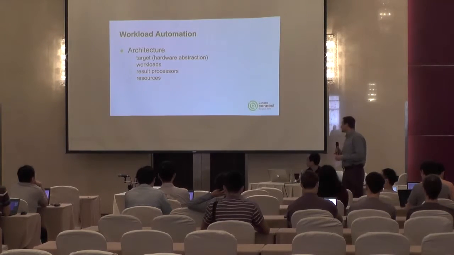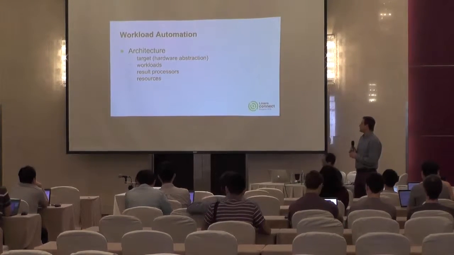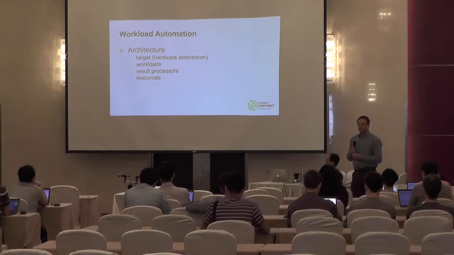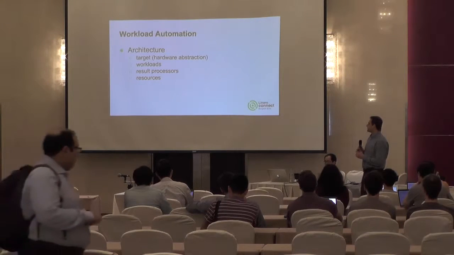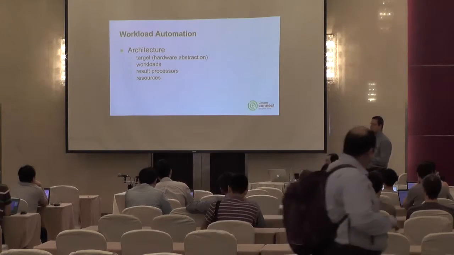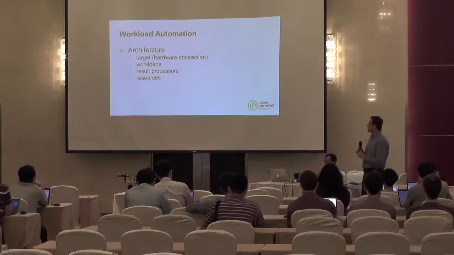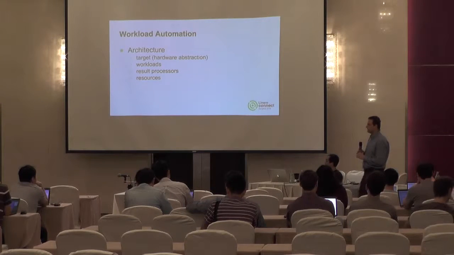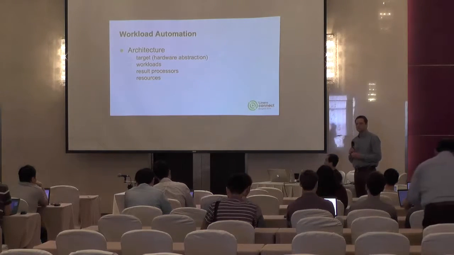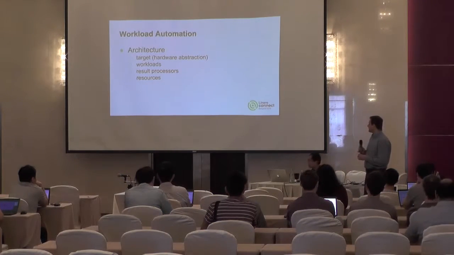Firstly, I'll remind those of you who might not be familiar how workload automation is structured. It has several pieces. It abstracts the layers of the tool: the targets, the workloads, and saving the results also has an abstraction layer, so it's easy to add methods to save the results.